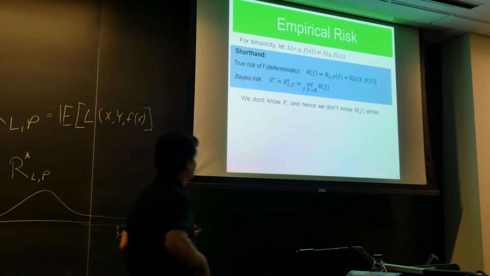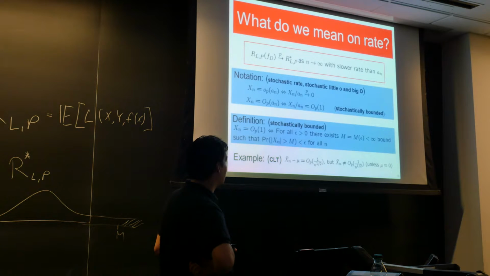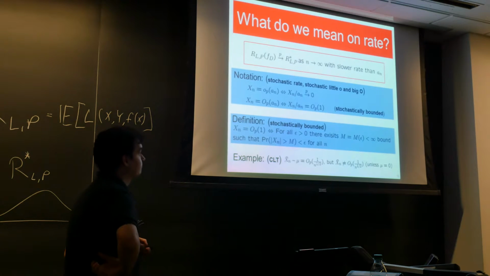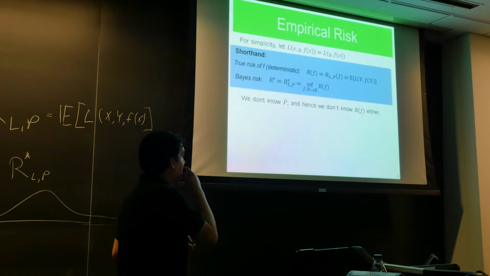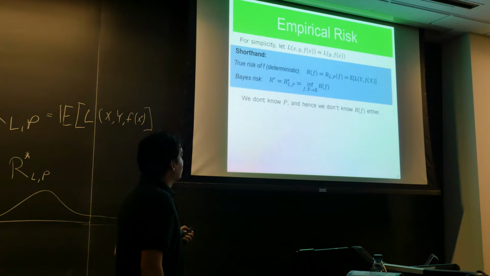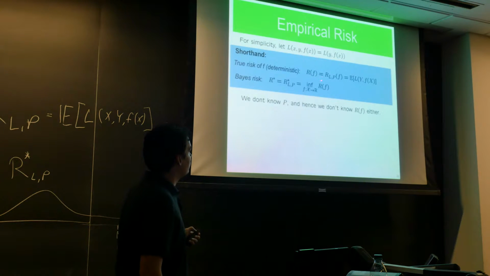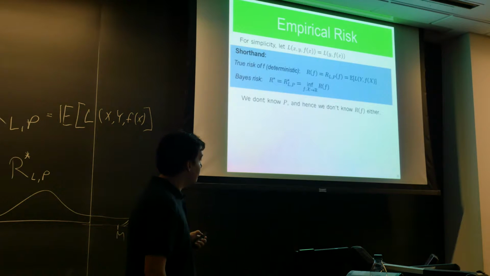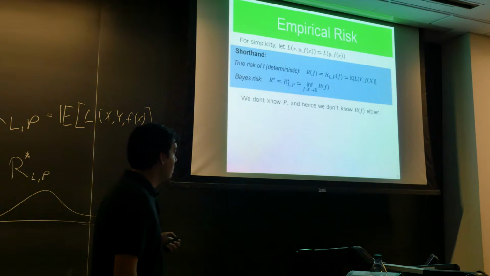All right, so this is just the background on what we mean by stochastic convergence and convergence rate. All right, so again, we have a loss. We define the risk for any function f. The Bayes risk is the infimum of the risk where we minimize over all possible functions.